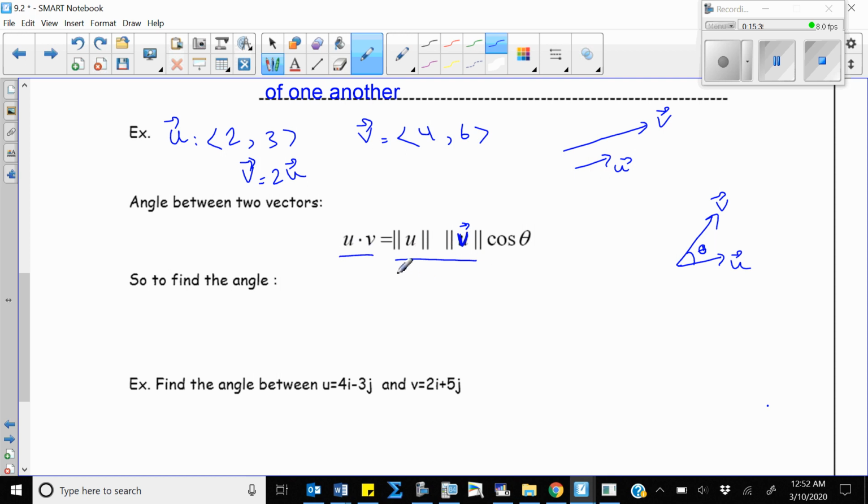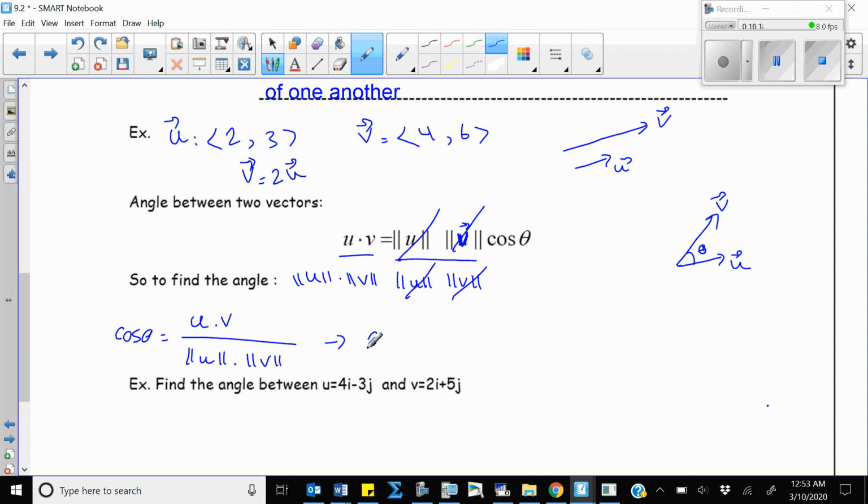So I'm going to divide both sides by magnitude of u times magnitude of v. So these two cancel each other. And from here, we know that cosine of theta is going to be u times v over magnitude of u times magnitude of v. So this is how I can find cosine of theta.